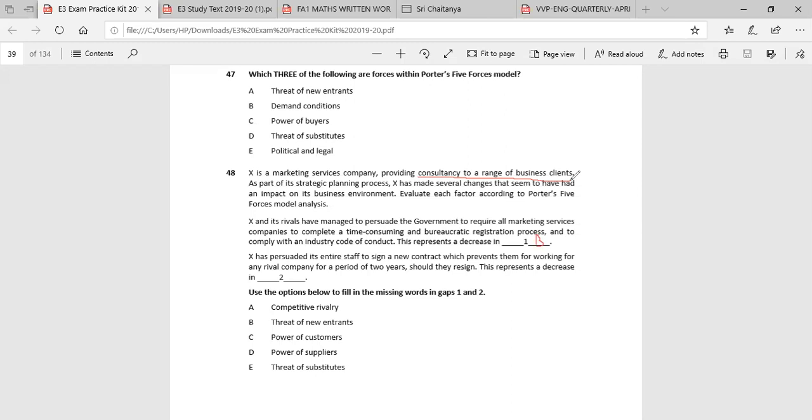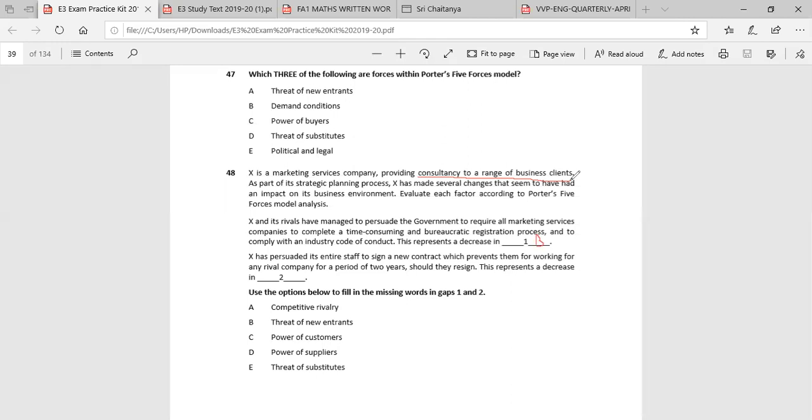Competitive rivalry is not with the employees. Competitive rivalry is absolutely not with the employees, but it is about the strategy they are adopting. Either they cut down on the cost and the selling price, or they compete in terms of product features. So here it is about the employees who are persuaded to sign some agreement. So that is the issue there.